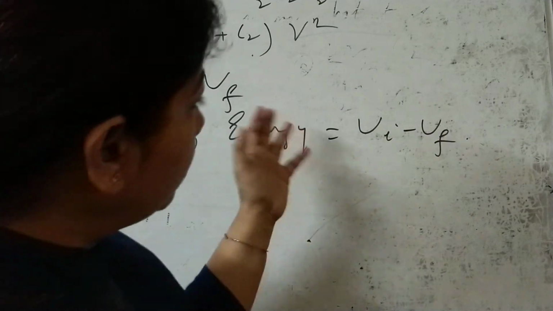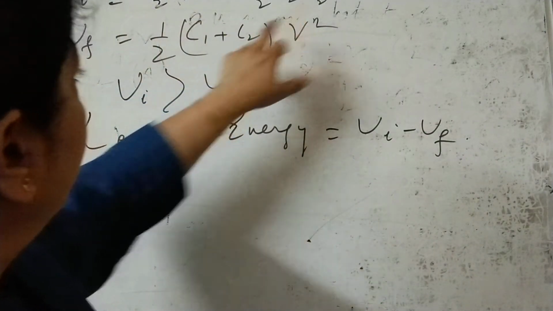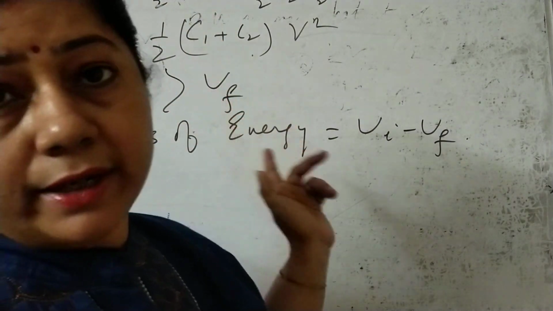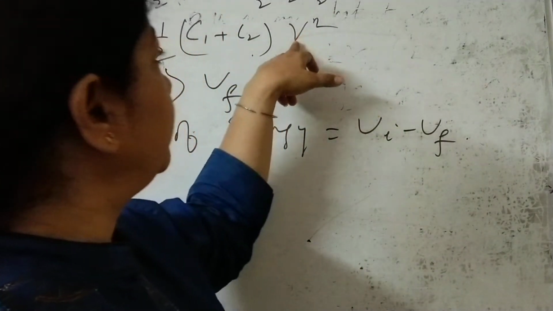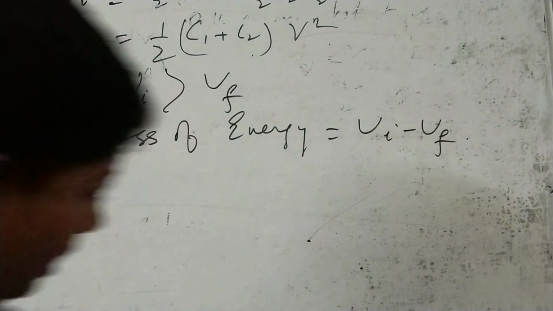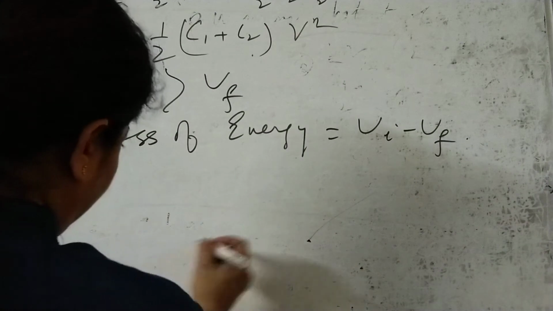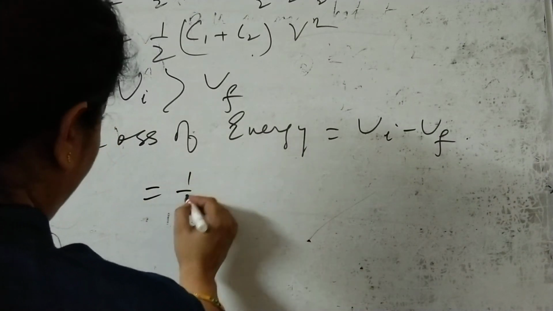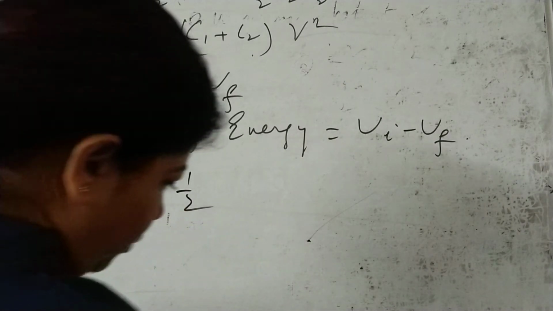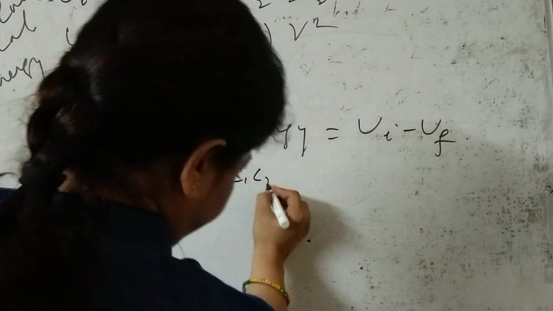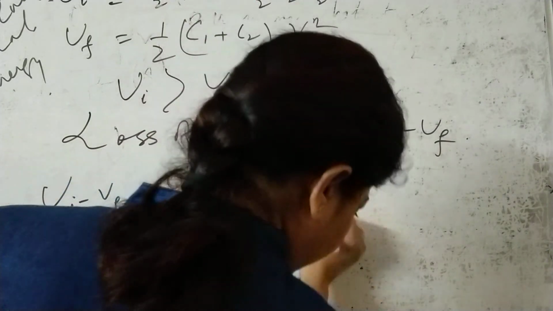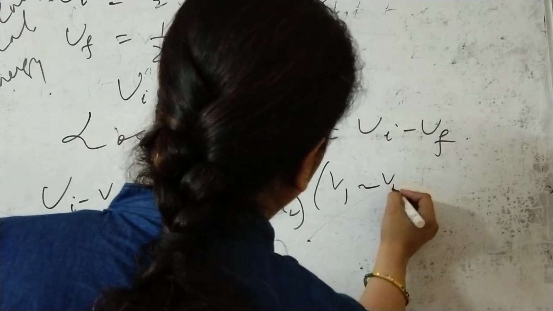Getting it? So when you compute, you take the value of this whole. Now from the previous value which we derived for the common potential, you substitute for V here, do the calculation, and you will get Ui minus Uf equals half times C1 C2 divided by (C1 plus C2), times (V1 minus V2) whole square.